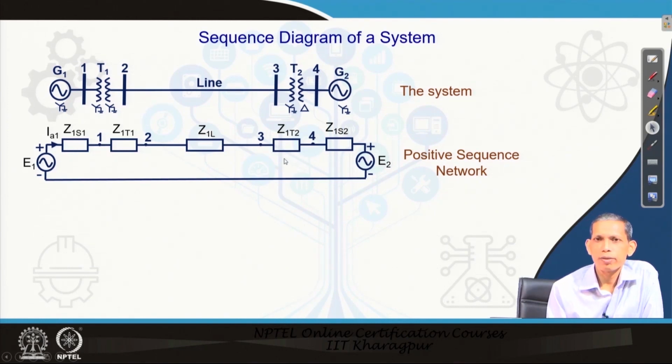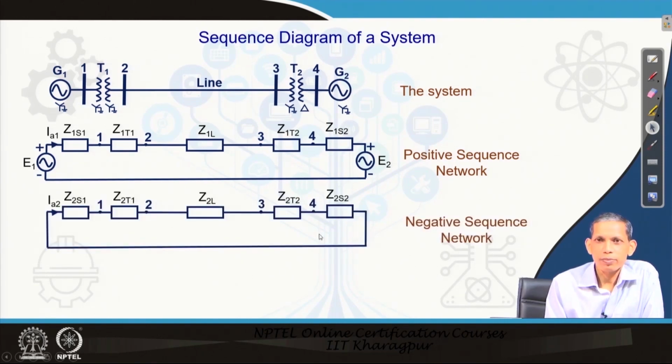As already mentioned, the positive sequence diagram contains the corresponding sources E 1 and E 2 in this case for G 1 and G 2. But when you go to the negative sequence diagram, we see there is no voltage, because the sources being considered are balanced in nature.